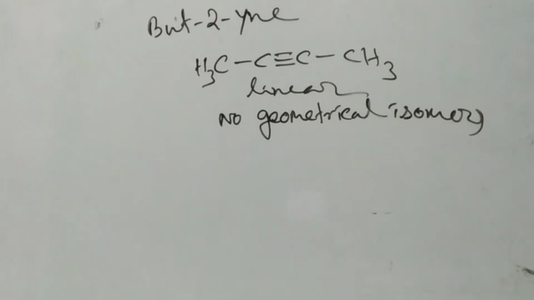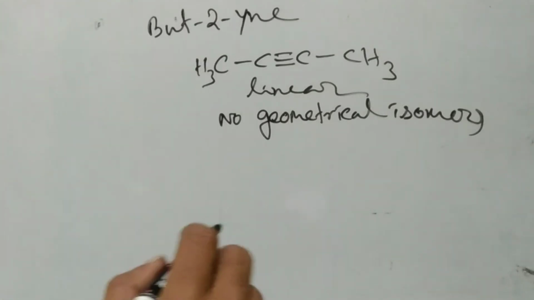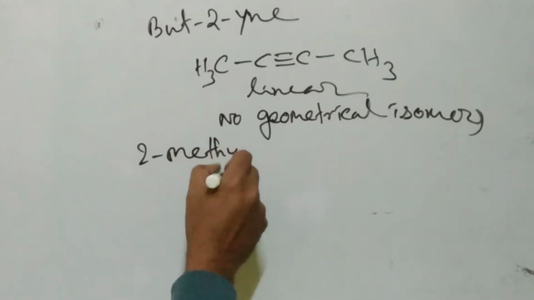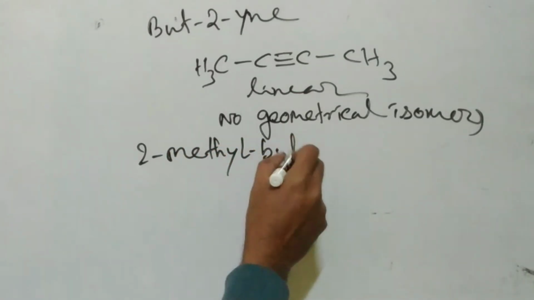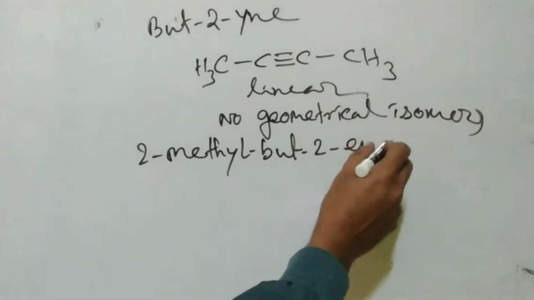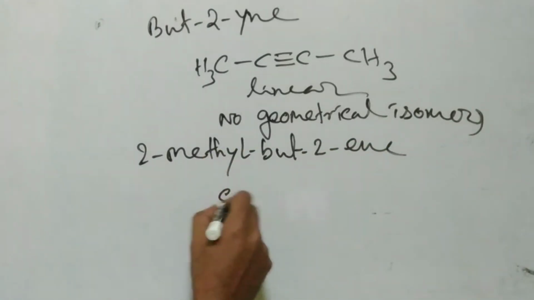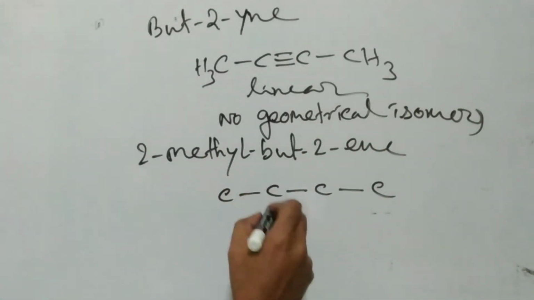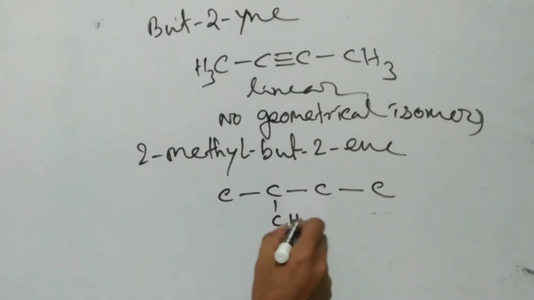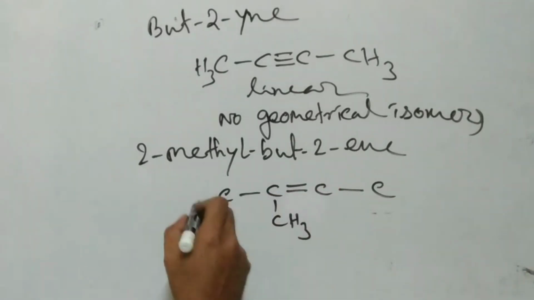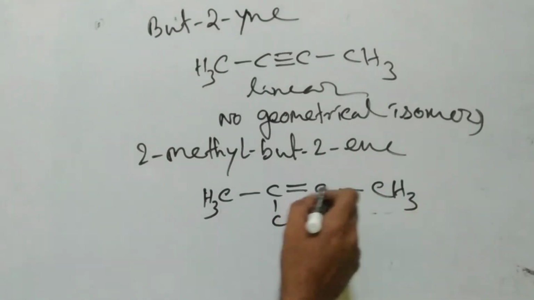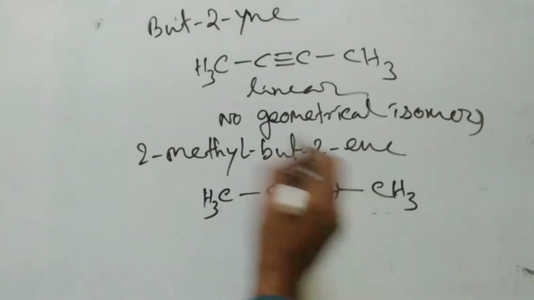The next is 2-methyl-but-2-ene. So what is the structure? Say 2-methyl, that means CH3 and a double bond also, and this one is CH3. There is another CH3. Here a hydrogen is present.